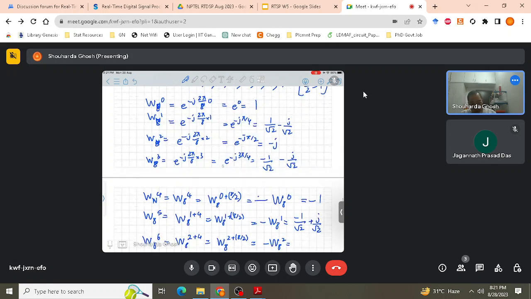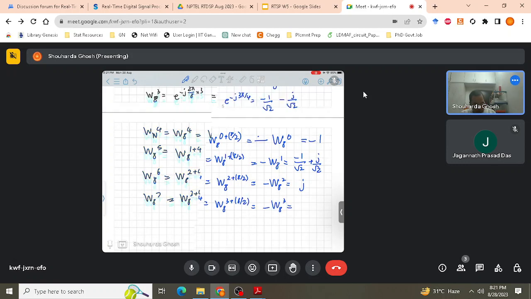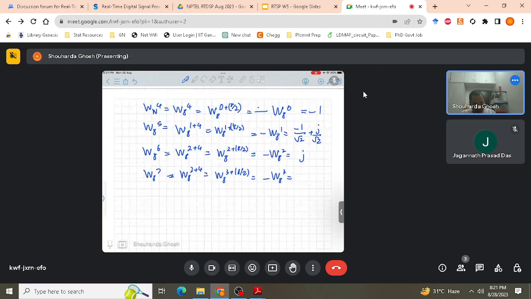It's minus j, so its negative is j. W8 of 7 is W8 of 3 plus 4, W8 of 3 plus 8 upon 2 minus W8 of 3, and what is it? Minus minus, so all of them will be plus, 1 upon root 2 plus j upon root 2.